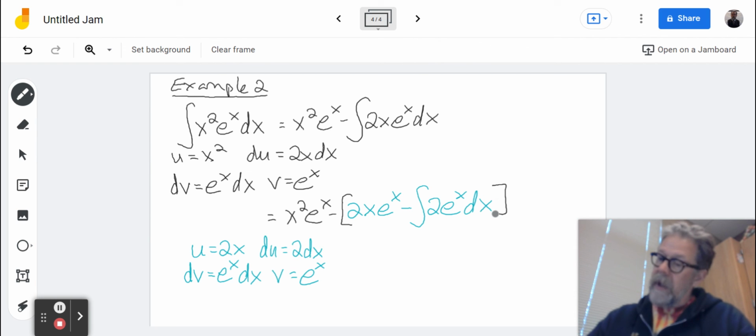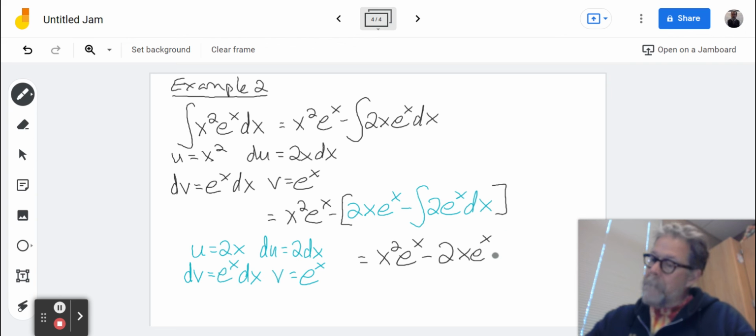And now we can simplify, and we get x squared e to the x minus 2x e to the x plus the integral of 2e to the x dx.